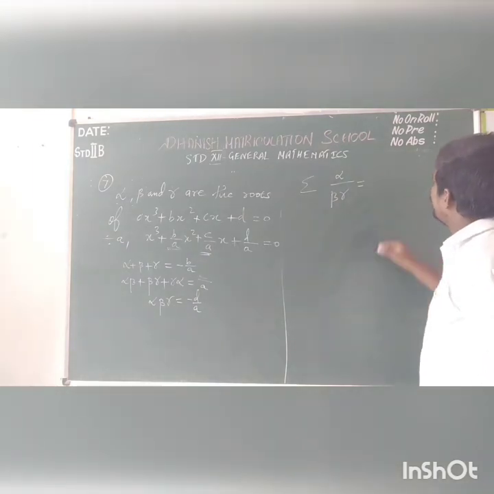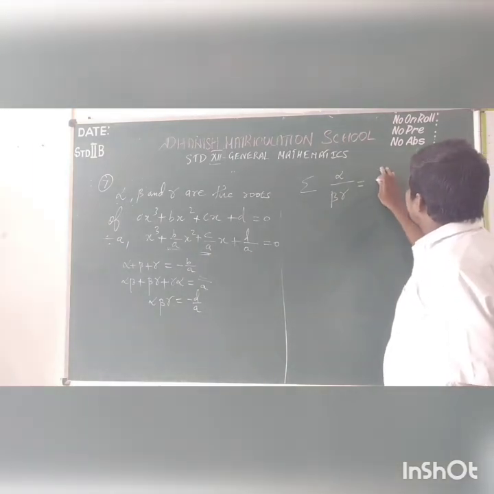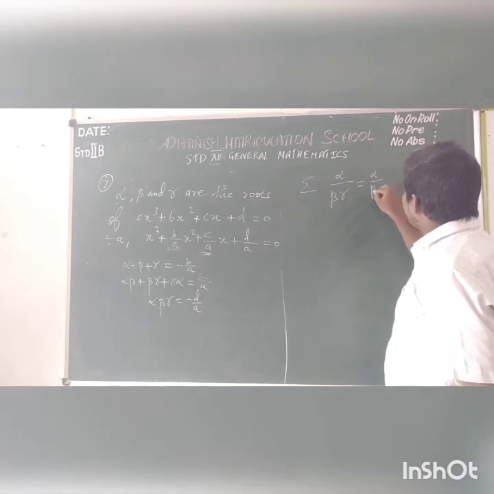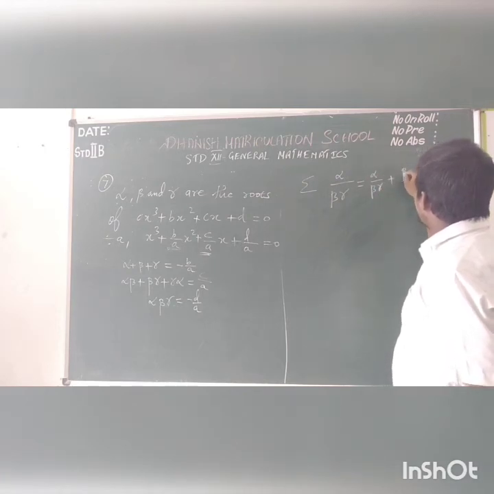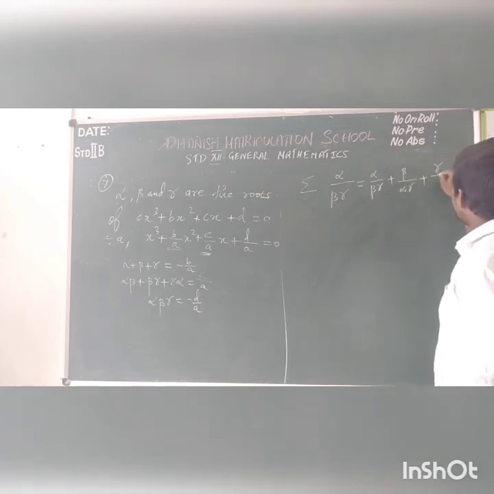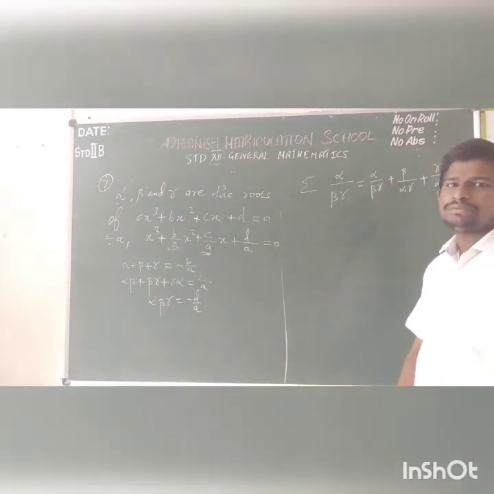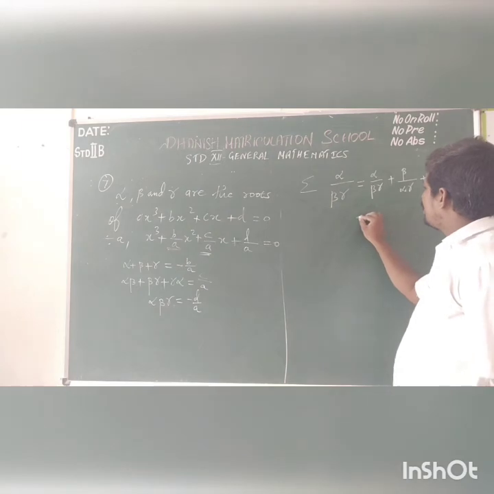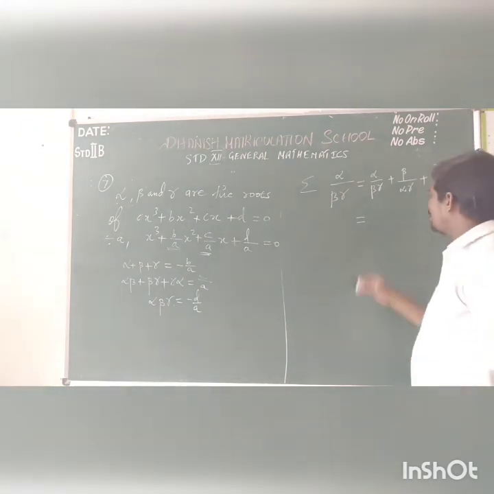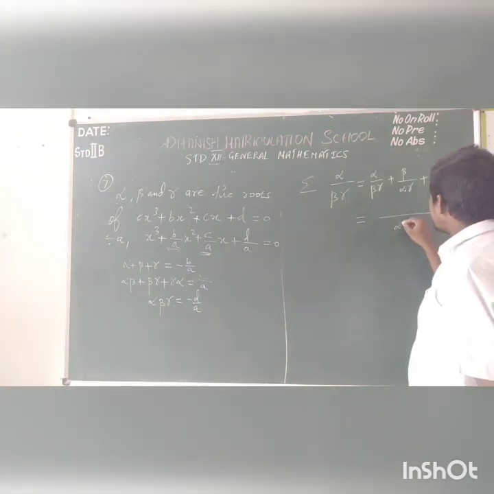Now alpha by beta gamma plus beta by alpha gamma plus gamma by alpha beta. We can write three possible terms over here. Now the next step would be, I am going to take the LCM as alpha beta gamma.